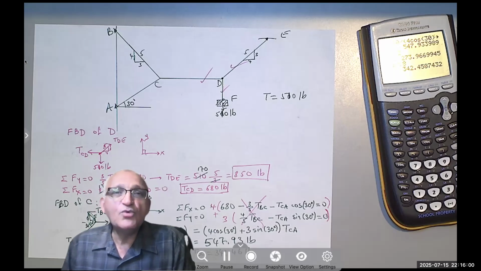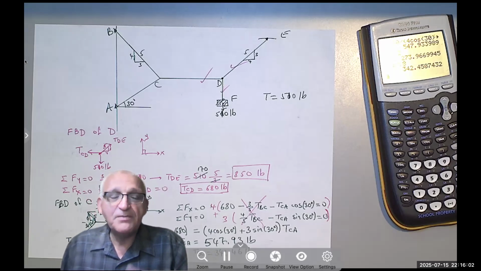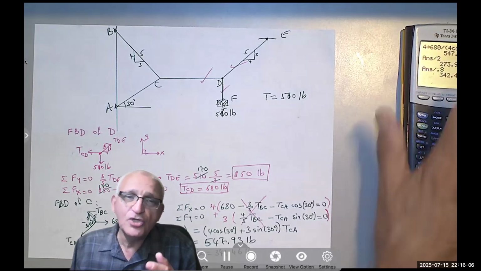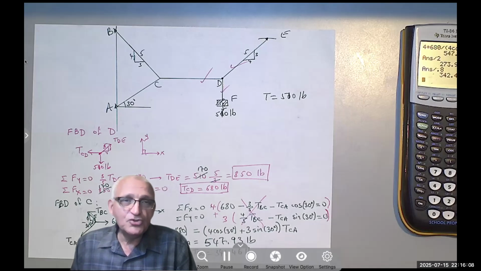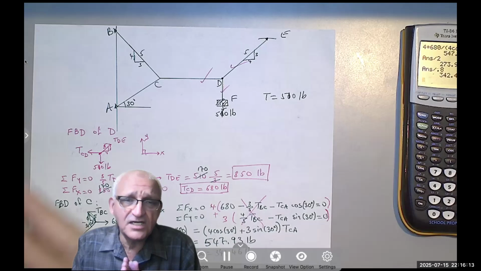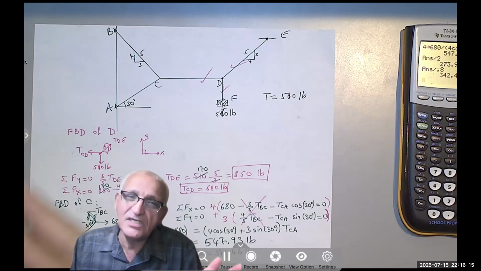And next time we will solve a particle equilibrium in 3D. Most of the time we would use a calculator. So I will show you how to use a calculator or matrices to solve 3 equations in 3 unknowns, so you don't waste time, because otherwise it may be too tedious.